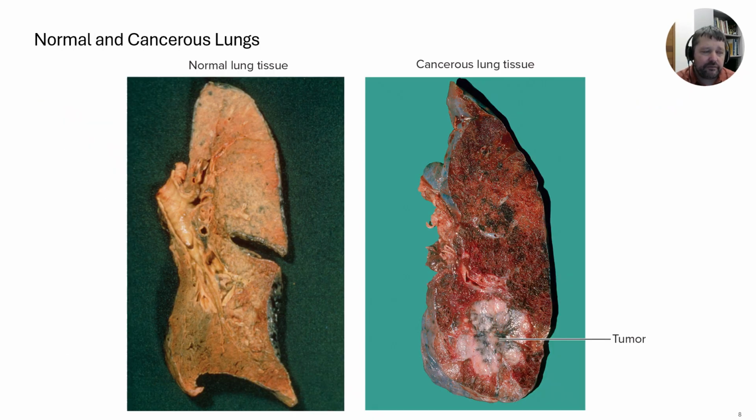And that brings us to normal versus cancerous lungs. Normal is this pink tissue, maybe a little bit of scarring here and there in the tissue just from wear and tear, from normal cell death, but nothing compared to the lung tissue of a smoker.